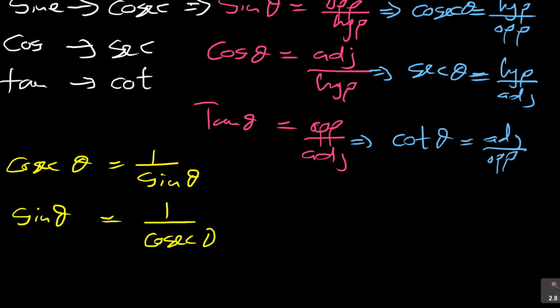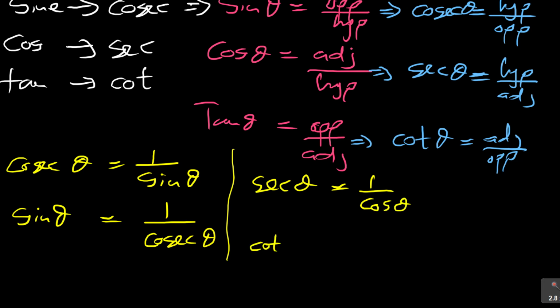Hence we call them the inverses. Similarly, sec is linked to cos, so sec theta is 1 over cos theta. And cot theta is 1 over tan theta. So these are the inverses that are very, very important for you to know.